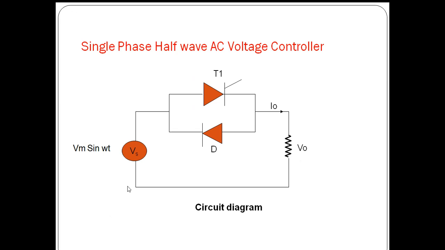We assume Vs, the AC supply source, is Vm sin omega t, and the voltage across the output is V naught. We are assuming the load is a resistive load, and the voltage across this load is V naught, and the current flowing through the load resistance is I naught. In this single phase half wave AC voltage regulator, a thyristor is connected in anti-parallel with a diode.